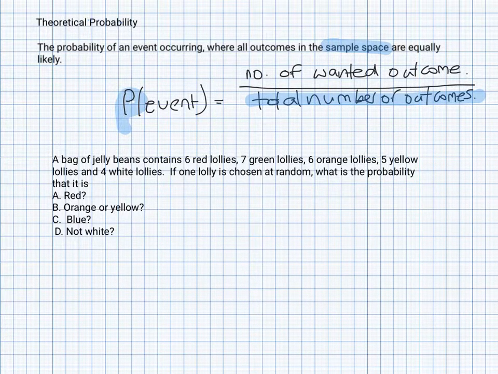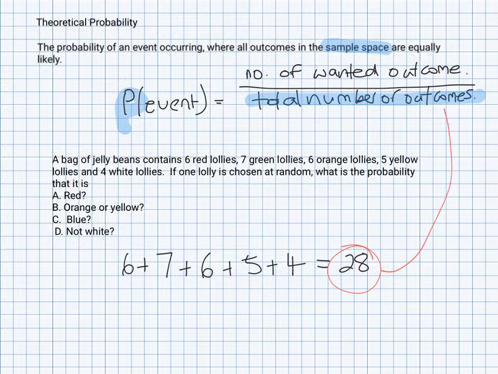Okay, 6 red plus 7 green plus 6 orange plus 5 yellow plus 4 white. So altogether, that's going to give me 28 lollies, and that is my total number of outcomes. So that is the number that's going to go down there.